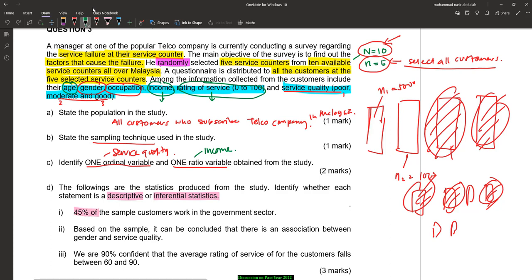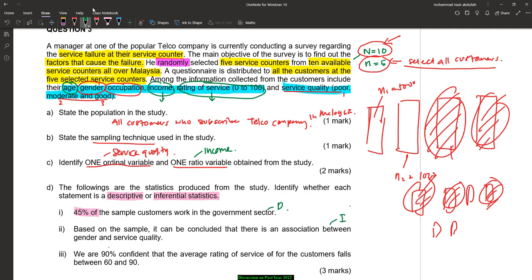So this one is going to be descriptive statistics. Based on the sample, it can be concluded that there is an association between gender and service quality. Inferential, we learn a lot of inferential in this subject, where we want to conclude to the population, right? From sample to population. So this is going to be inferential statistics.